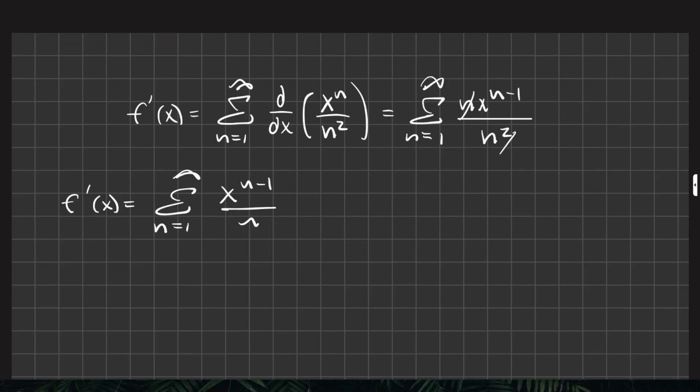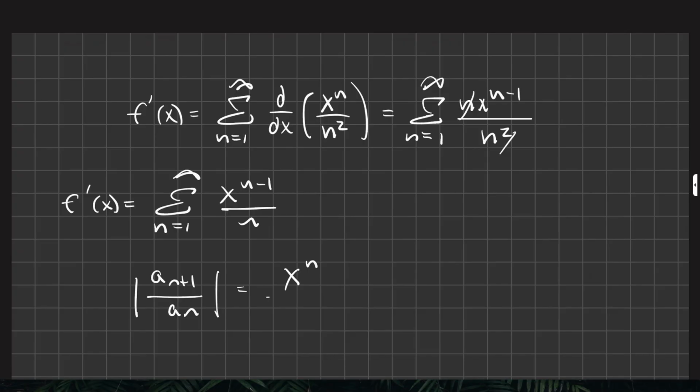Let's just go through the ratio test. Better to be detailed. So x to the n plus 1 minus 1 will just be x to the n, or x to the n minus 1 plus 1 will be just n plus 0.